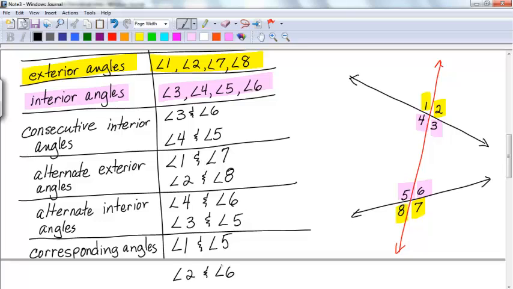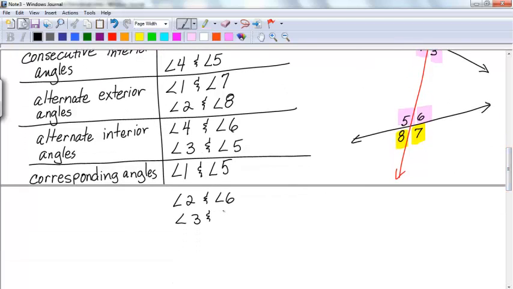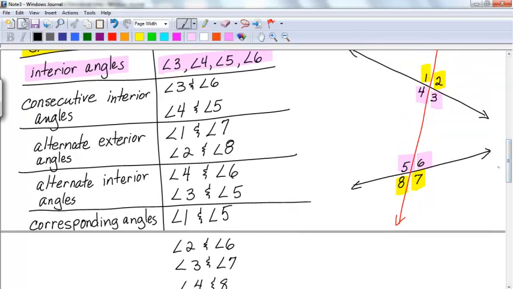Another one is 3 and 7. And the last one is 4 and 8.